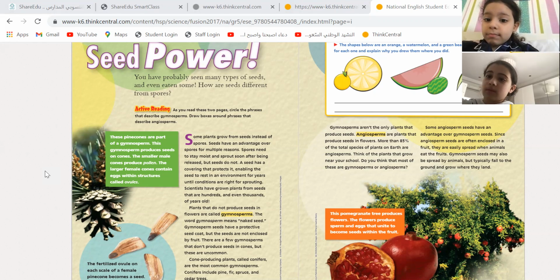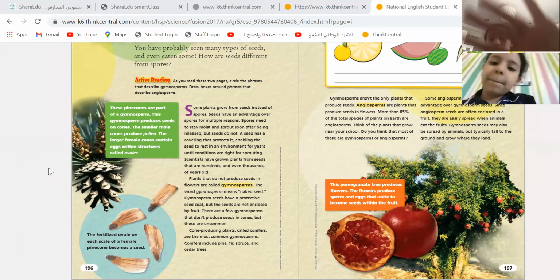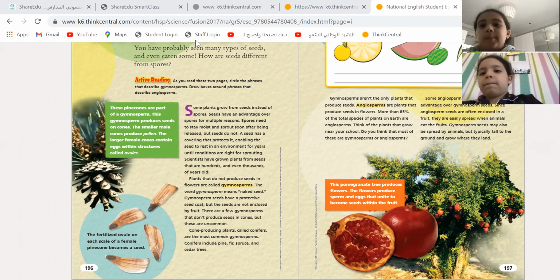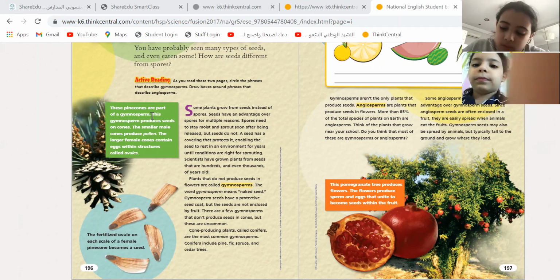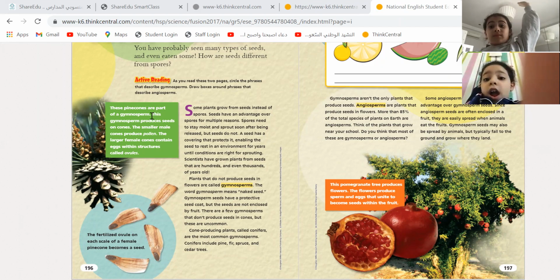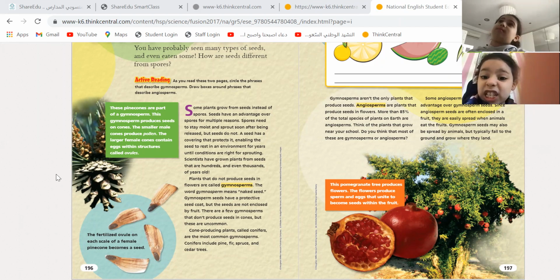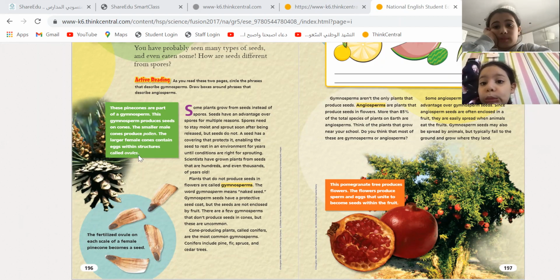Seeds are for some plants that need seeds. Most plants need seeds to grow. Excellent. Where can you find seeds? Only in fruits? Fruits, vegetables. What about pine cones? Are pine cones fruit?